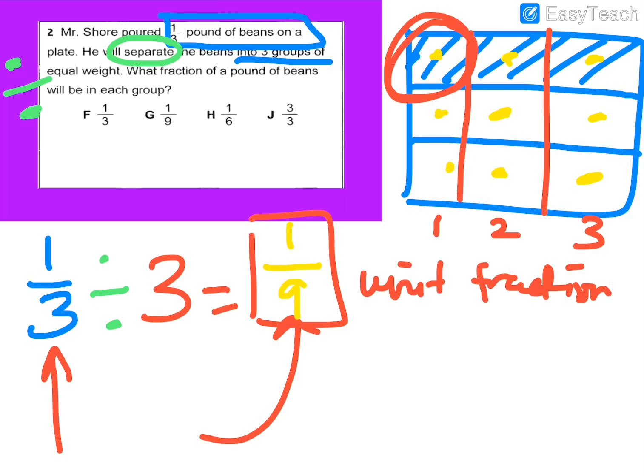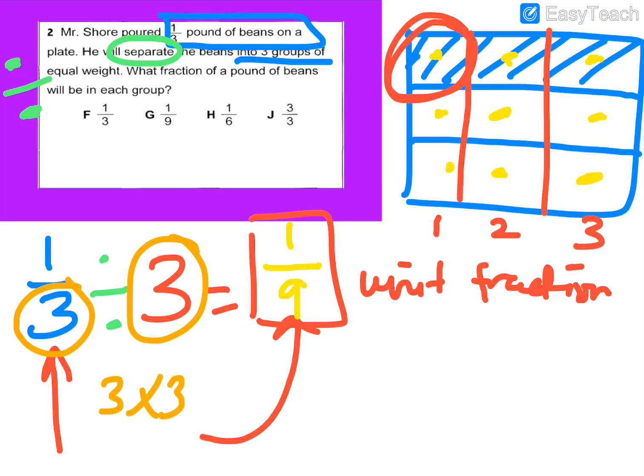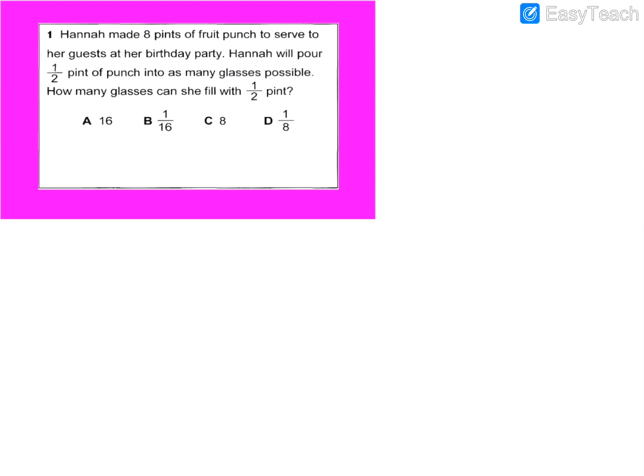So it's 1 out of 9. You can also take your denominator and your whole number again. 3 times 3 gives you 9. But because you started with a unit fraction, you have to make sure that the 9 is the denominator and not a whole number.